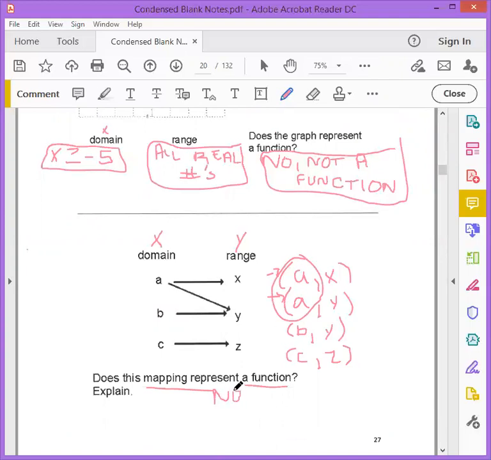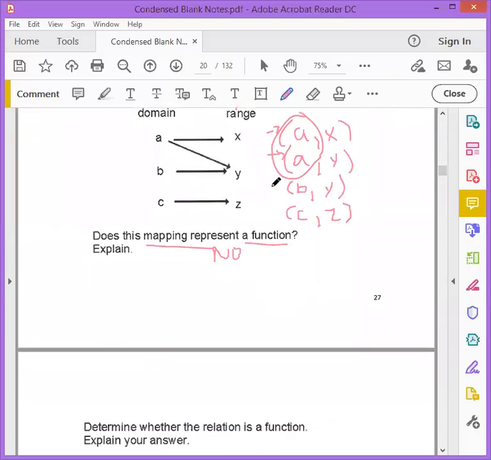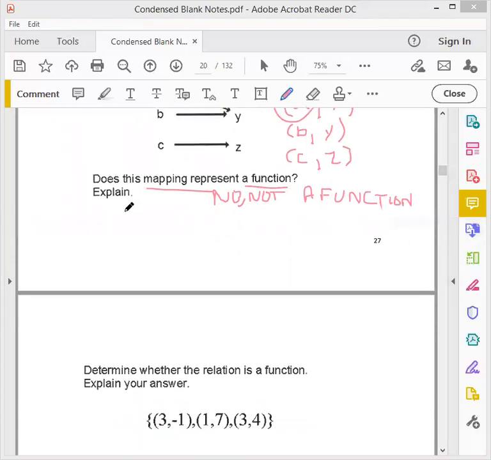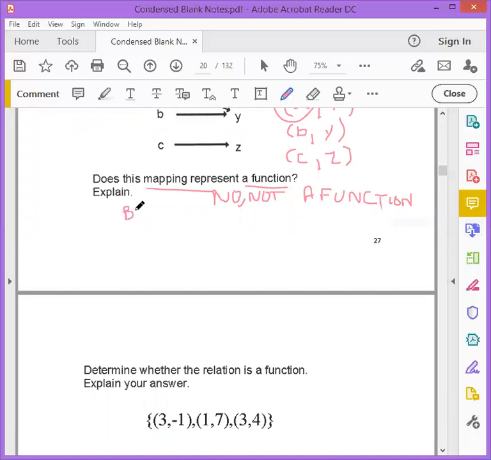So no, not a function, because 2 of our pairs share an x coordinate.